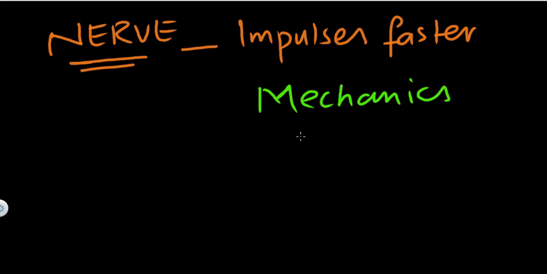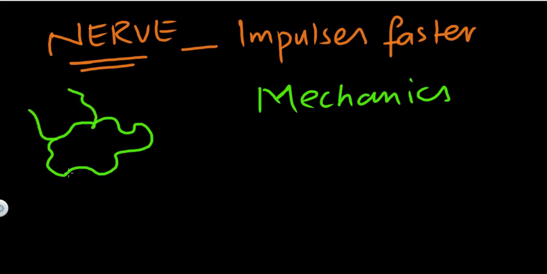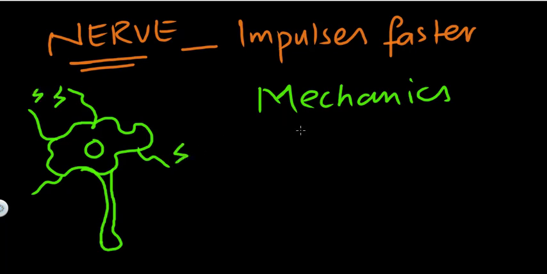So I can say that nerves here, I'm just going to draw a scary nerve here, funny and a scary nerve with a long axon, stuff like that, with a nucleus, and it's going to travel faster. It's going to have electricity faster than the actual heart itself.